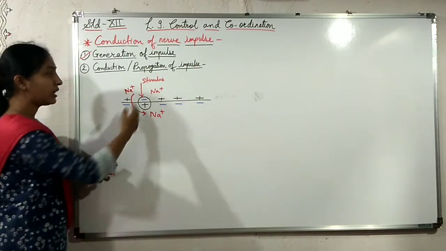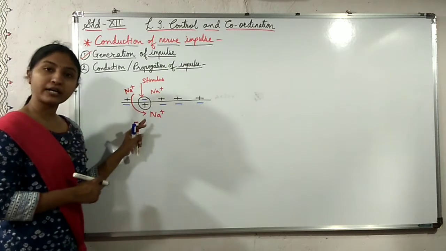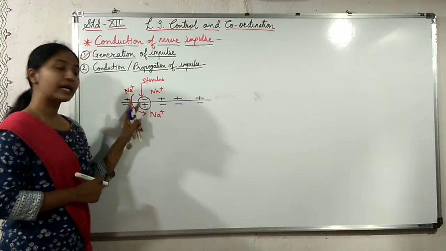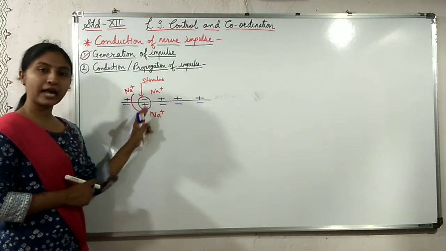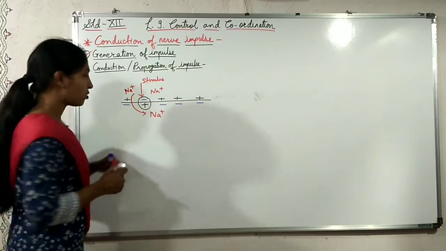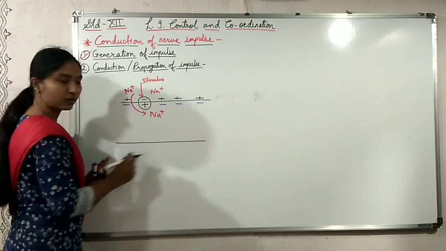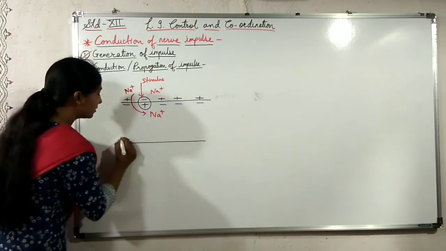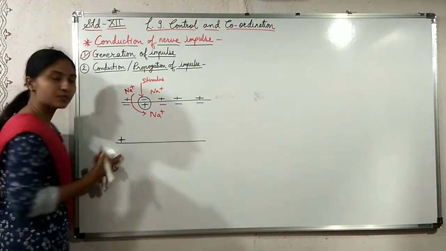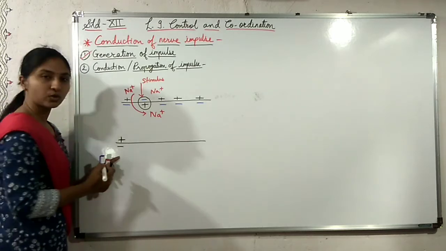Now after this, this nerve impulse which is generated at one point has to travel, it has to be conducted from one point to another point. So if this is the nervous membrane, the first point is polarized, outer side electropositive, inner side electronegative.